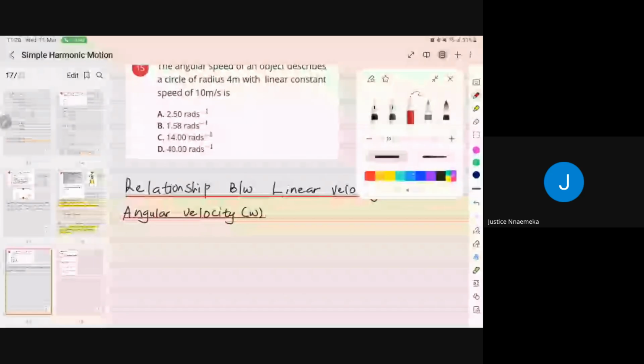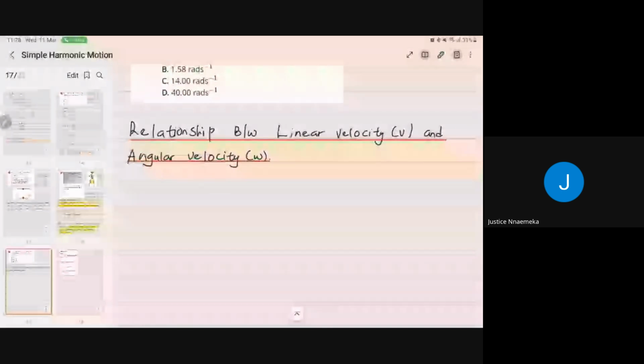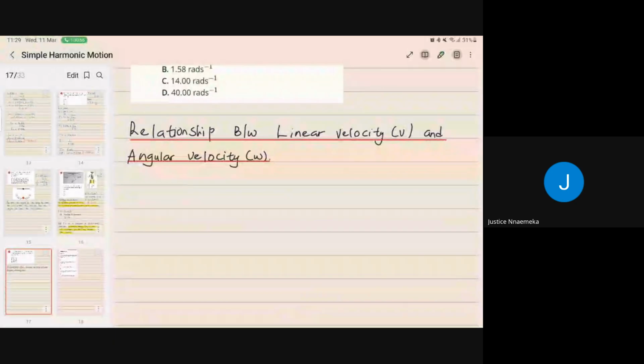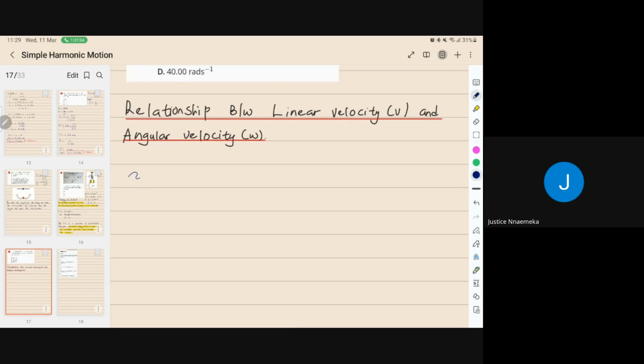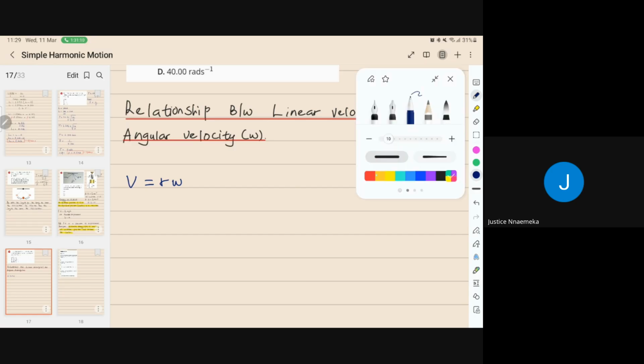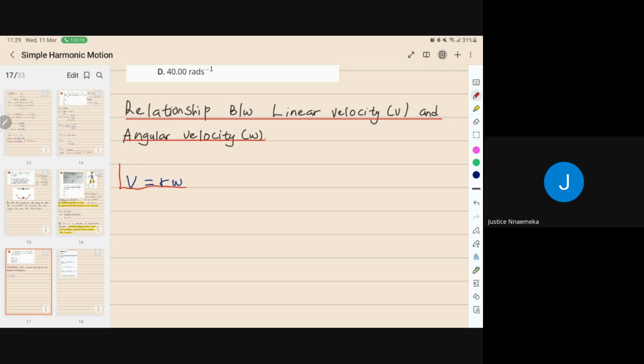Now, the relationship between those two is that v is equal to r times your omega.